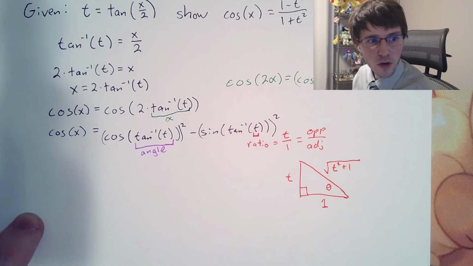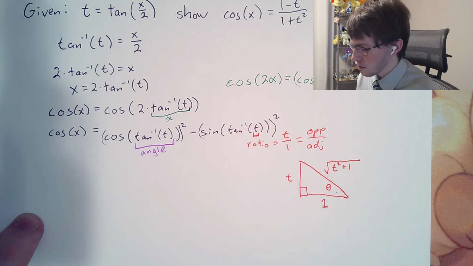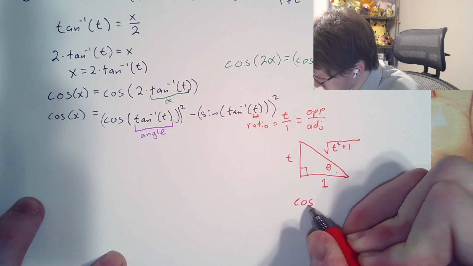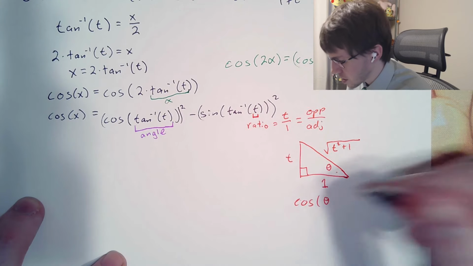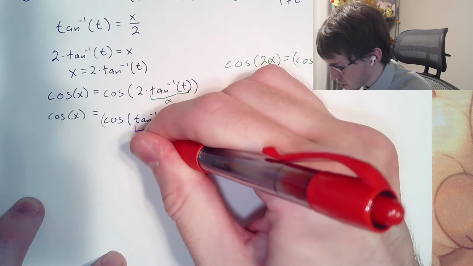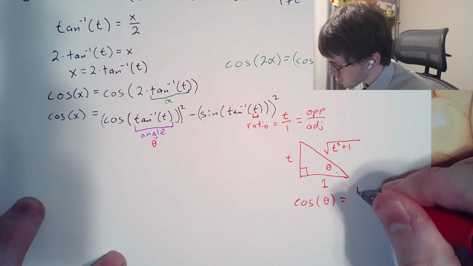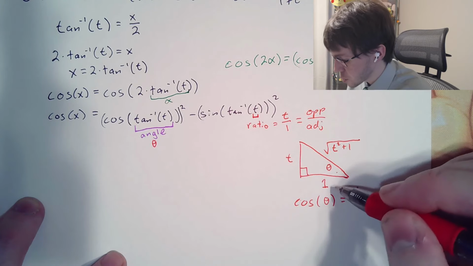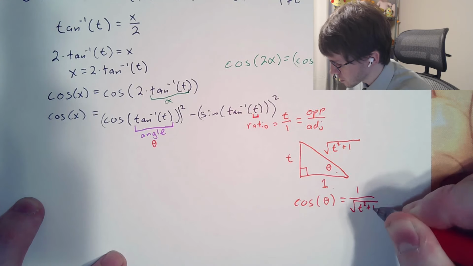And now we're doing the cosine of that angle, the one we just drew. So the cosine of this theta is going to be adjacent over hypotenuse: 1 over the square root of t squared plus 1.